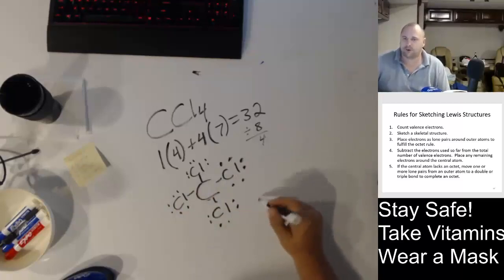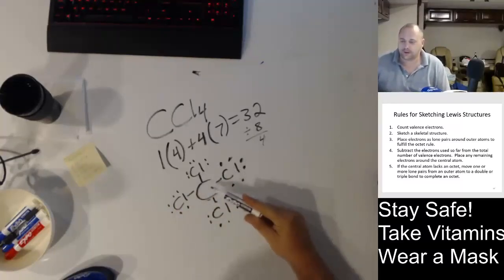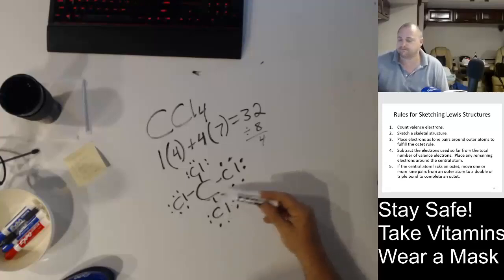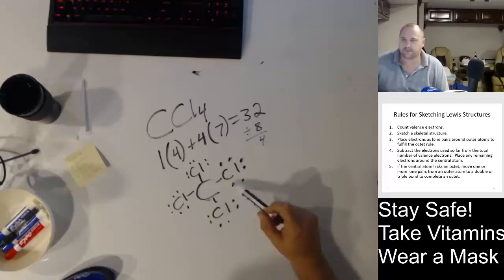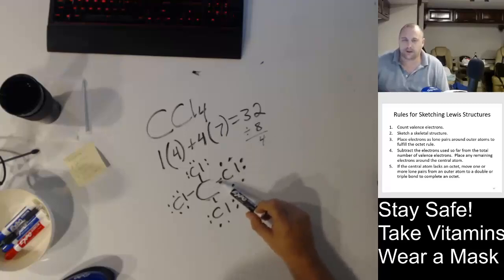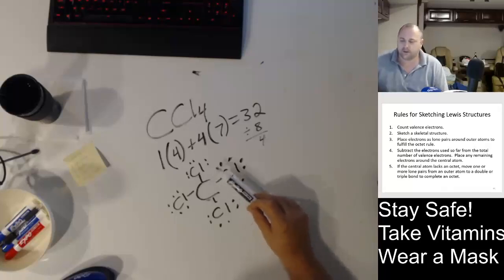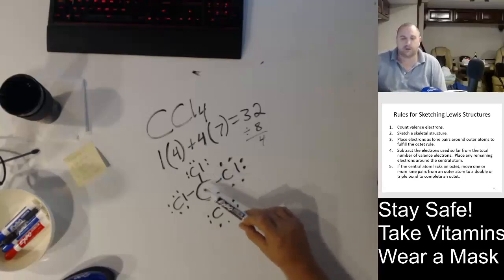Now, step 4 says, if there's any extra, put them on the carbon. There's not any extra. So then step 5 says, hey, if the carbon's not happy, make double bonds or triple bonds, whatever we need, by moving these electrons from the outside to being shared with the inside. 1, 2, 3, 4 bonds.